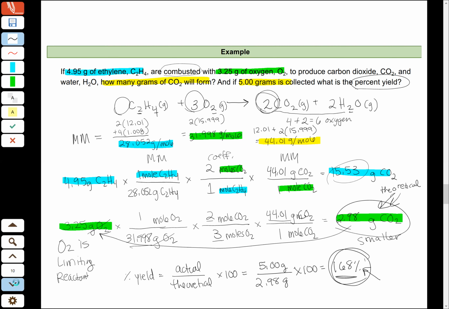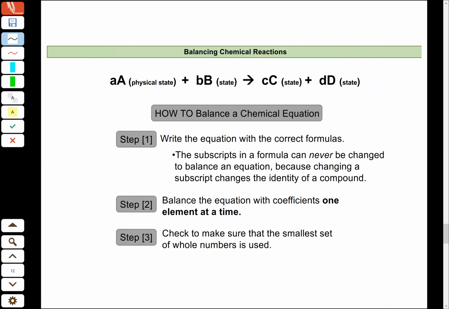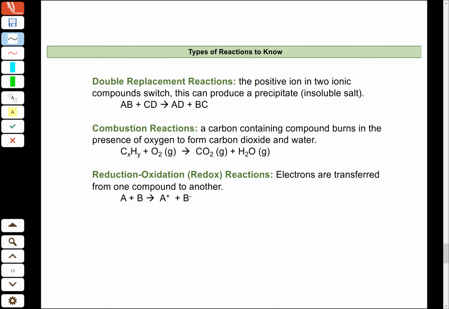Okay, that completes the portion of our lecture on limiting reactants. Remember, we do have review slides for these chapters posted on Canvas. Going over balancing equations, the types of reactions that you need to know, and you just need to focus on double replacement or precipitation reactions, combustion reactions, and redox reactions.